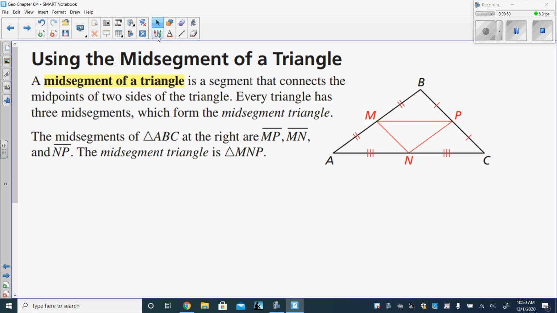Now it works out that the mid-segment, so this side here, is congruent to these two here. This mid-segment here, MP, is going to be congruent to these two here. And PN is congruent to these two here. So whenever we draw the three mid-segments, we will have three sets of congruent sides every single time.